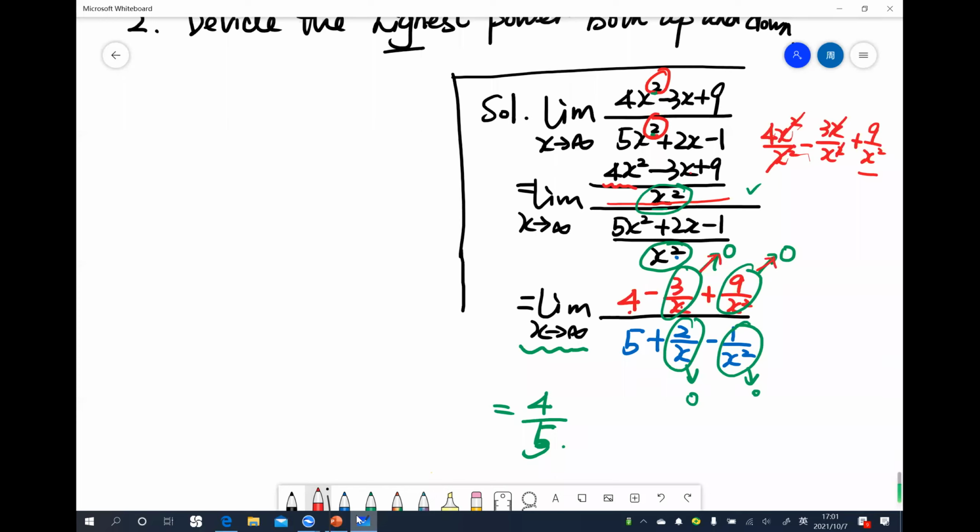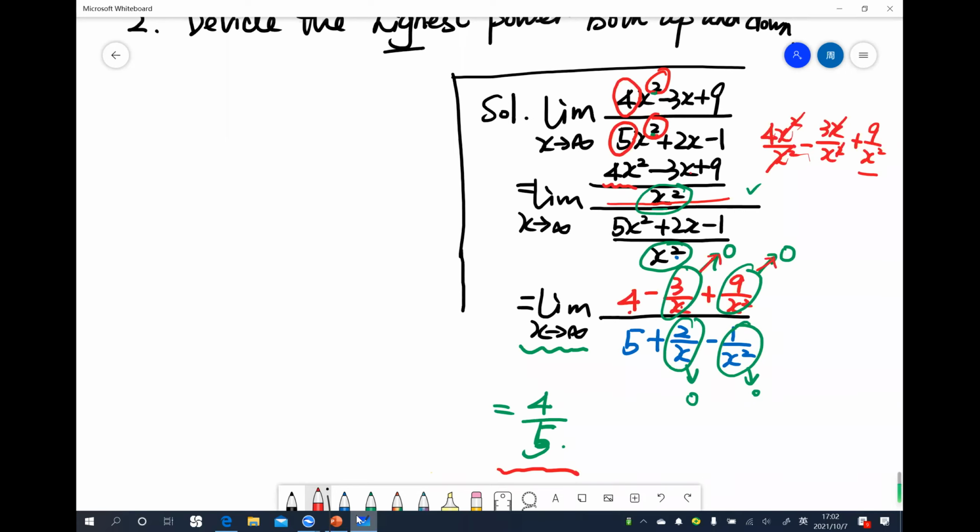Then the limit of this function equals the constant before the highest power in the numerator divided by the constant before the highest power in the denominator. So we have the result that is 4 by 5.